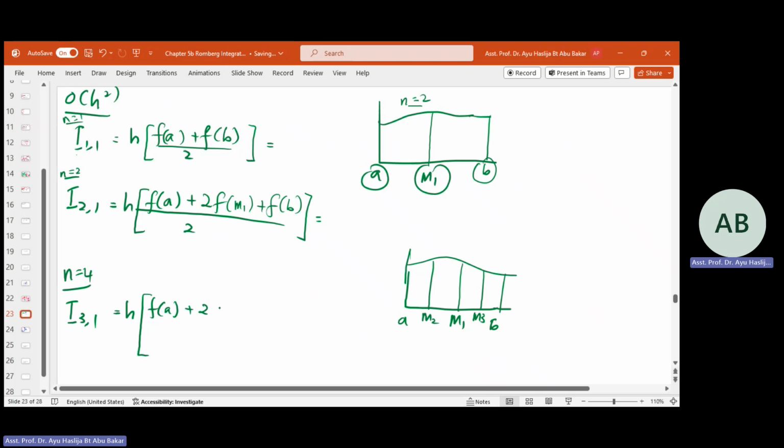FA plus 2 multiplied by the summation of the intermediate part.